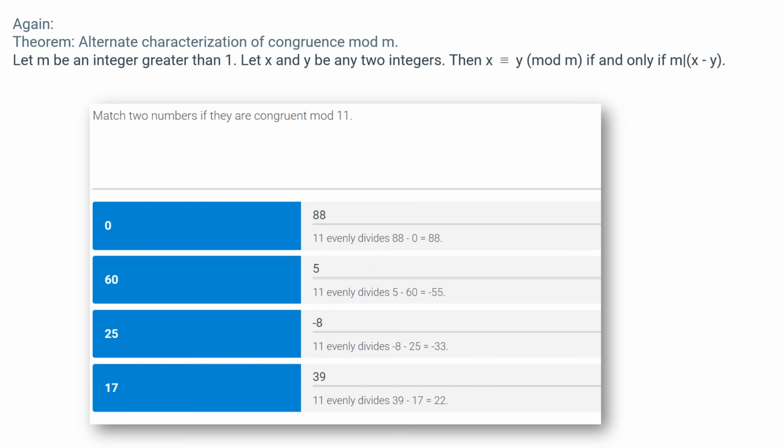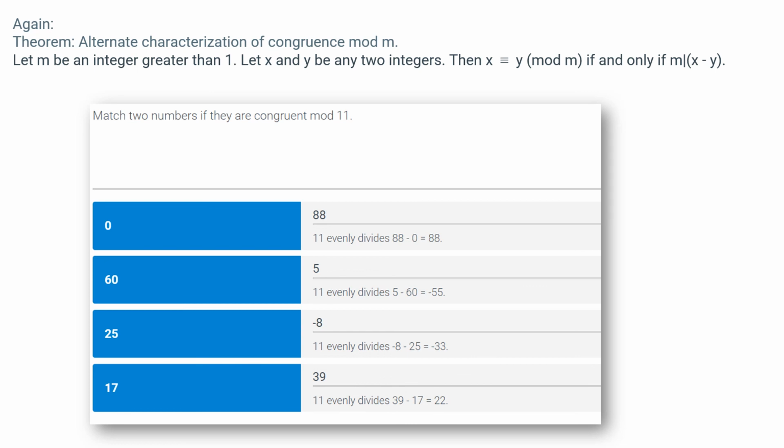25 and negative 8 goes on the same line, because if we subtract 8 from 25, let's see. So yeah, 25 minus, remember it's a difference. So we're going to take 25 minus a negative 8. Or in this case, it shows the other way around, negative 8 minus 25.